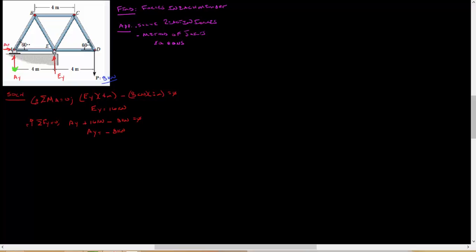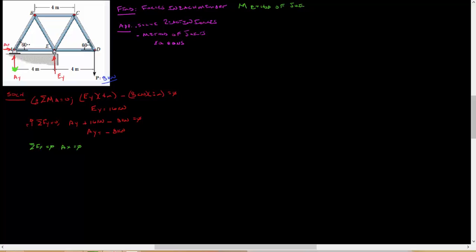This pin is holding it down because of this force. It's rotating it clockwise, so it's actually holding this down. Okay, and then if I sum my forces in the X, we get 0, because there are no other forces in the x direction. So the method of joints, and the best way to discuss this is just by an example.